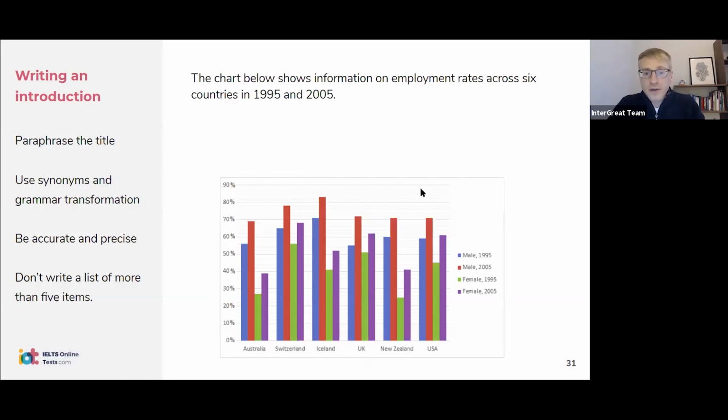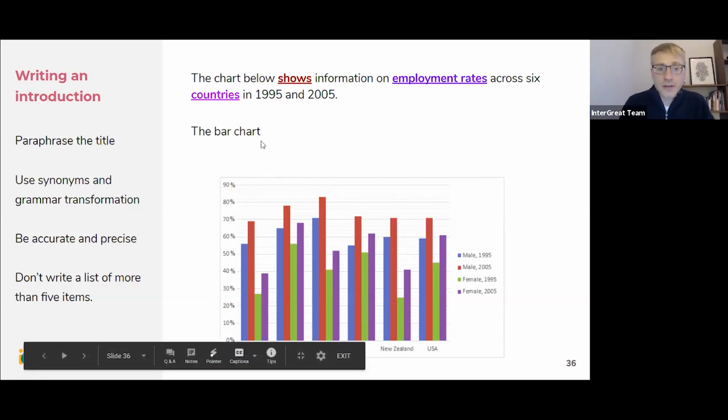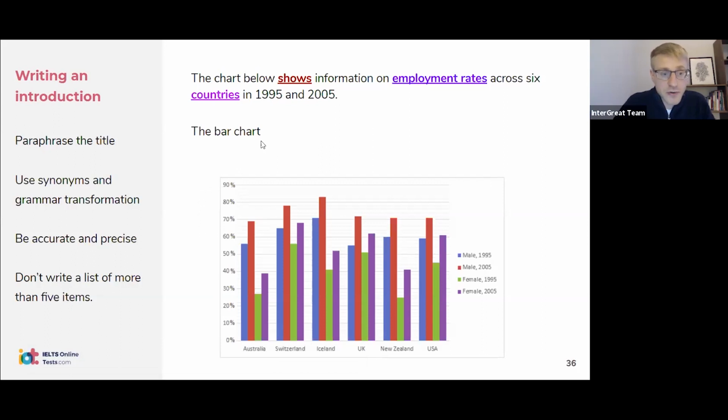Okay, so looking at the question, we've got some words we can paraphrase here. Shows, employment rates, countries, right? So here's an example. We can say the bar chart. Instead of saying shows, some of you have said it already. Dahlia, very good.